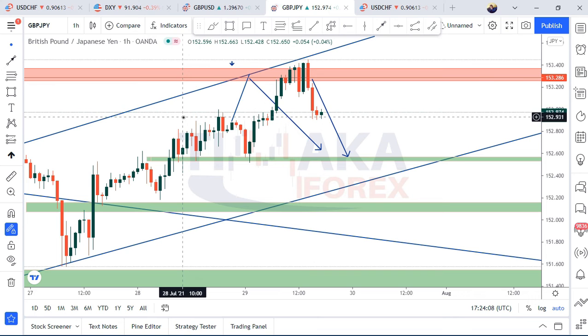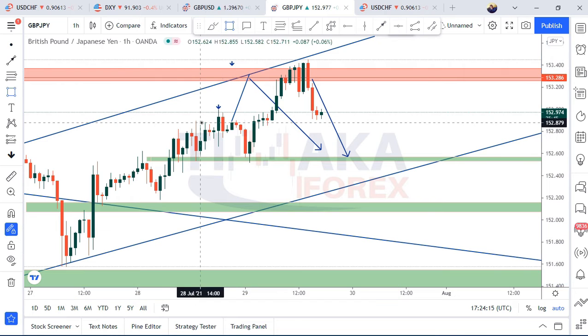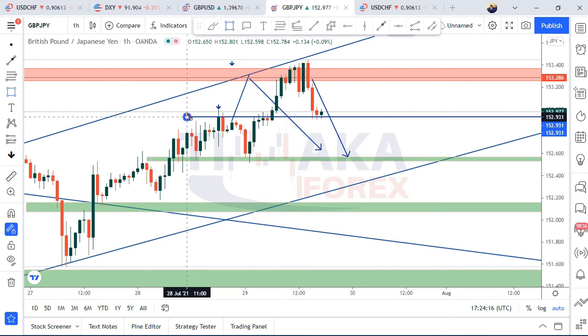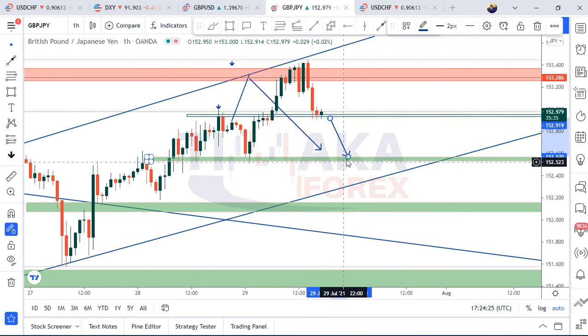So if we can get price to go below this level right here, of course it's going to hold, but we need to see price get below so that we could get lower to this level.